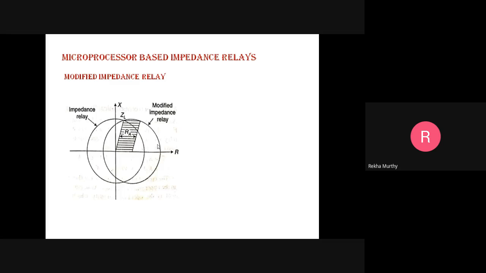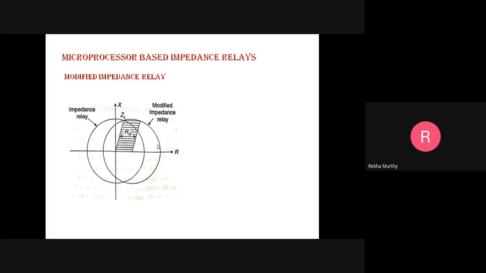To realize a modified impedance characteristic, the standard impedance characteristic is shifted outward along the RX axis via current bias. This can be achieved by introducing an additional voltage into the voltage supply circuit of the relay.